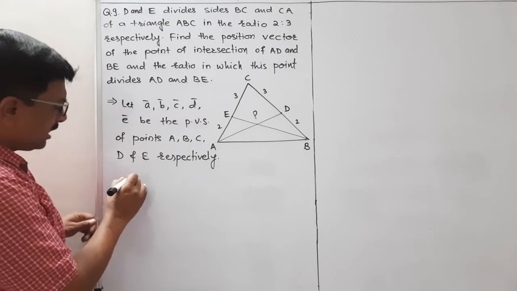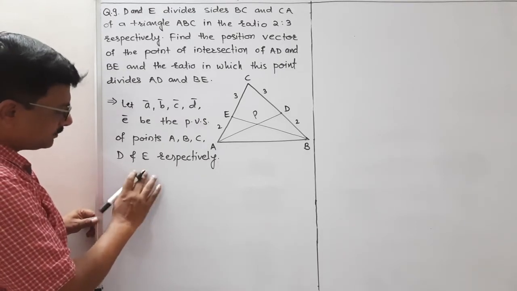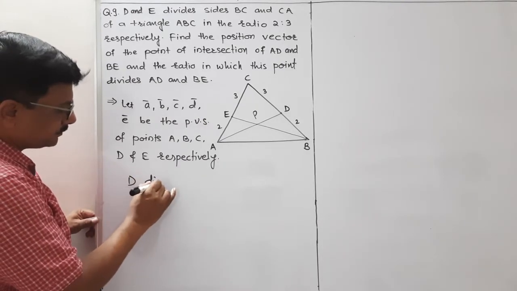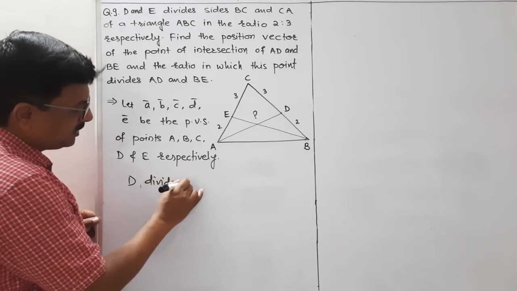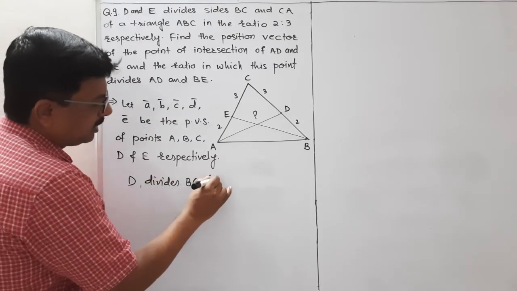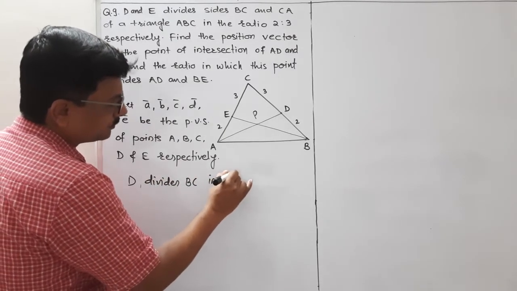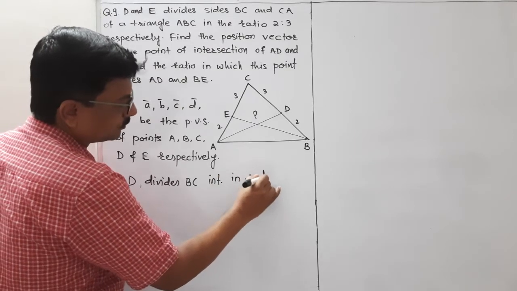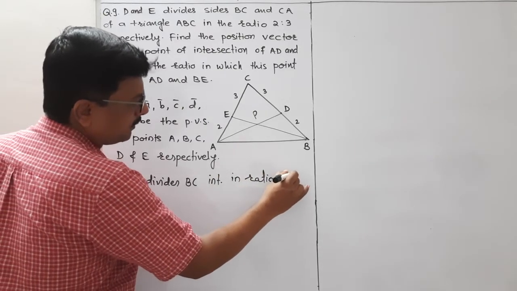Now as we know that D divides BC internally in ratio 2:3.